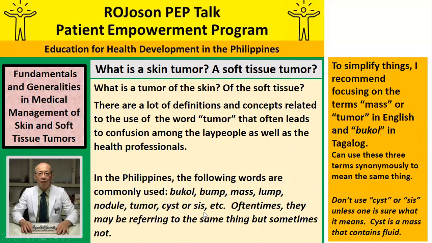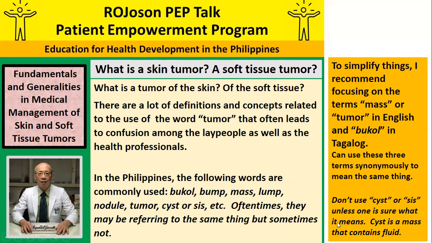What is a tumor? And what is a tumor of the skin and tumor of the soft tissue? There are a lot of definitions and concepts related to the use of the word tumor that often leads to confusion among the lay people as well as the health professionals.